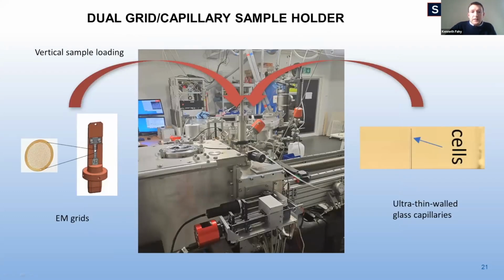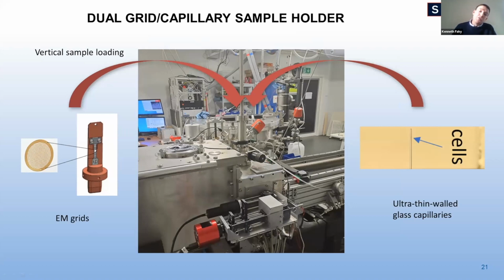Another thing we're doing here is developing a dual grid capillary sample holder facility. As I said earlier, we are currently accepting standard EM grids. We are now developing the ability to accept cells loaded in ultra-thin walled glass capillaries.